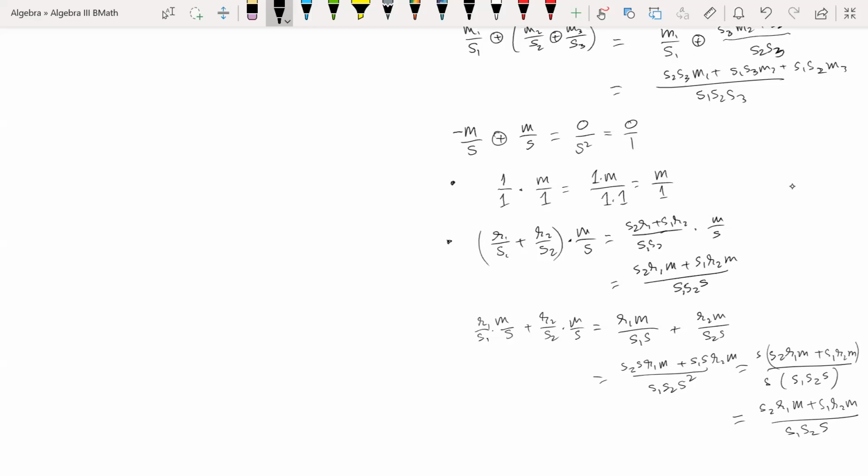So this is the same as this, which tells you that these two are equal. And similarly the other distributive law.